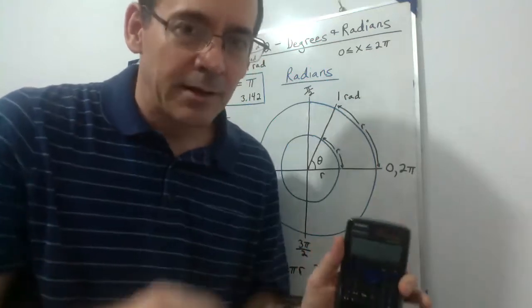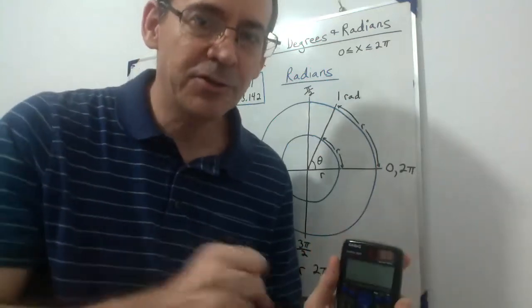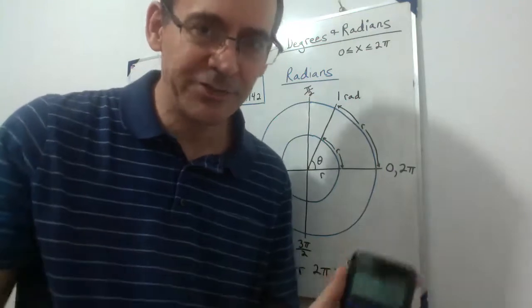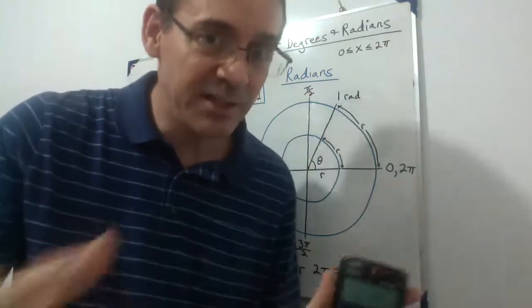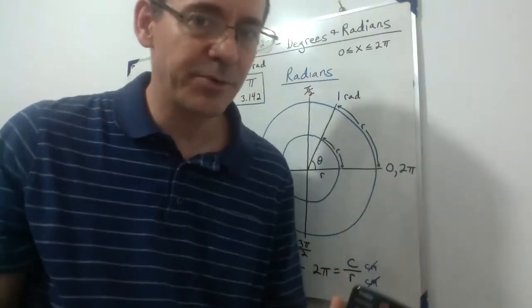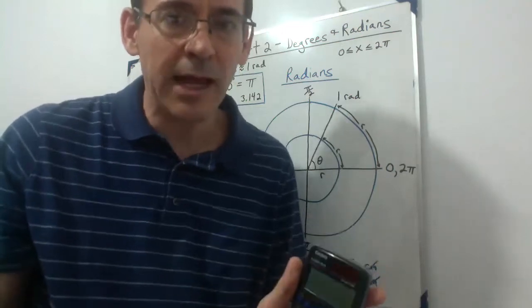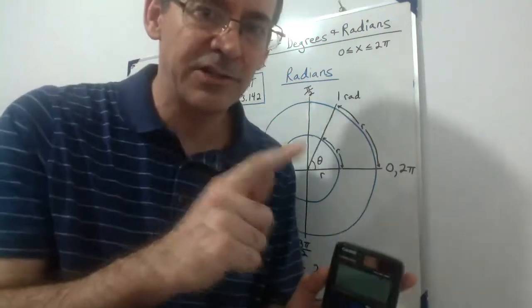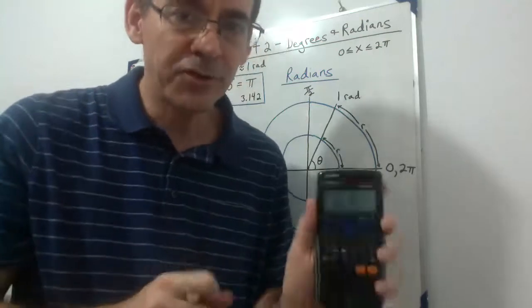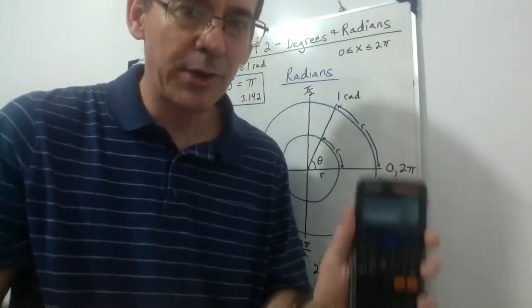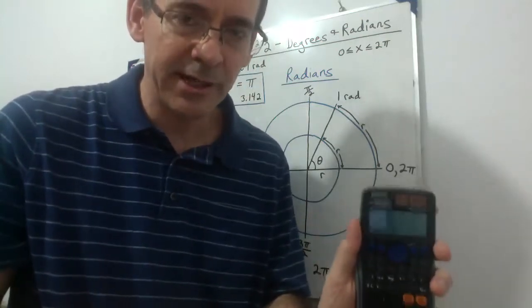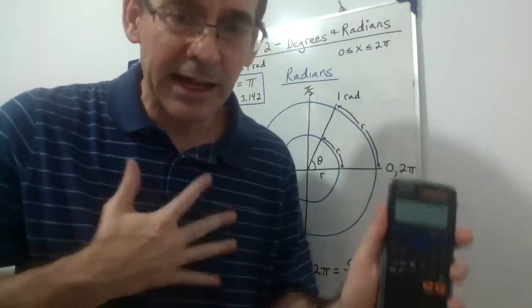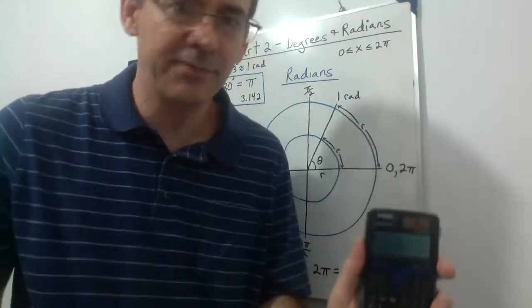It's sad when a student goes through an entire trigonometric question, actually does everything right as far as procedure, but ends up with the wrong answer because their calculator's in the wrong mode. So be careful of that. Always check the mode on your calculator before. And I have been guilty of that as well.